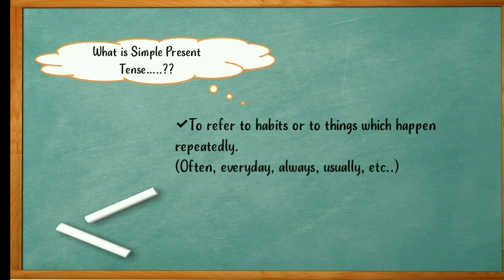Let's see here, ada penanda waktunya di sini. Often, every day, always, usually, and etc. Often artinya adalah sering, every day setiap hari, always selalu, usually biasanya. Jadi pekerjaan yang kamu lakukan selalu, sering, every day, biasanya itu disebut sebagai simple present tense.